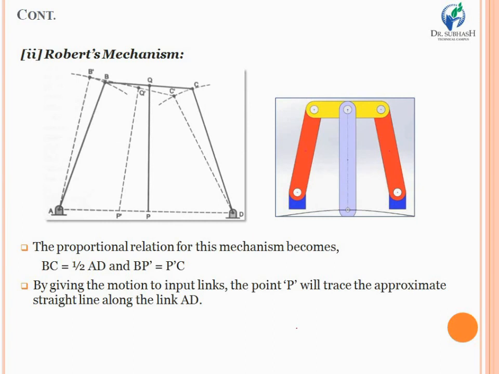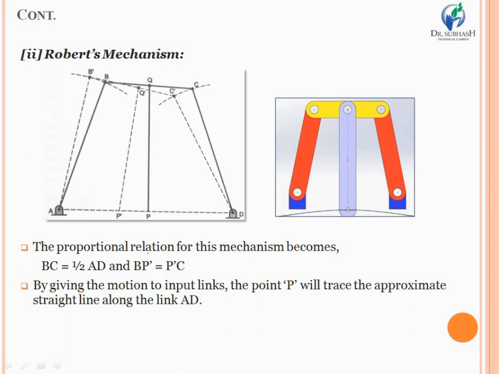After that, there is a second kind of mechanism, and that is the Roberts mechanism. Generally the Roberts mechanism contains 4 links: AB, BC, CD and AD. The rigid member, which is link QP, is rigidly attached to the link BC, and the dimensions of various links are designed in such a way that the link BC should always be equal to 1/2 that of the link AD, and BP dash is always equal to the link P dash C dash.